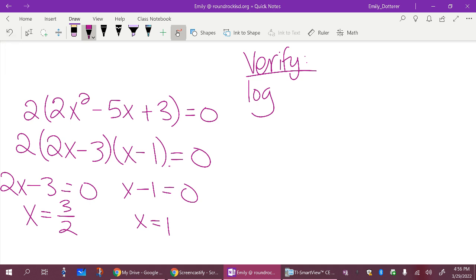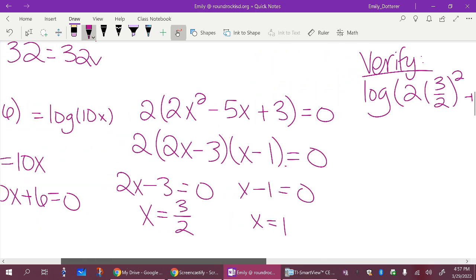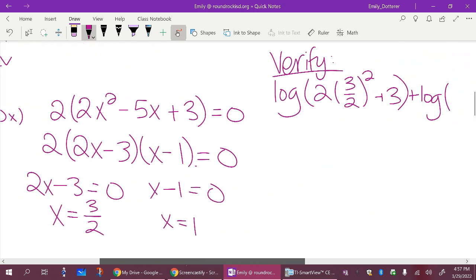That's 10 of 2x squared is 3 plus log. Yeah.